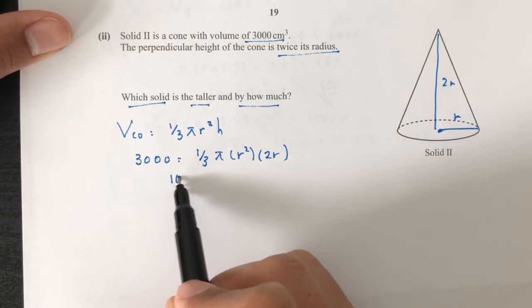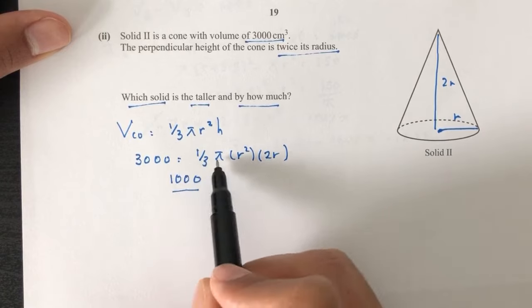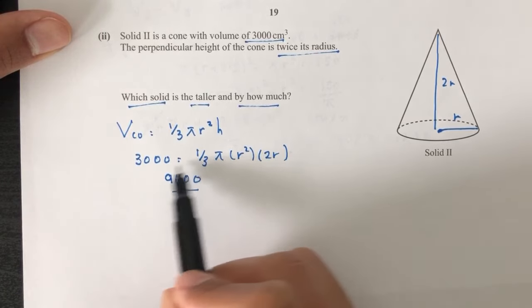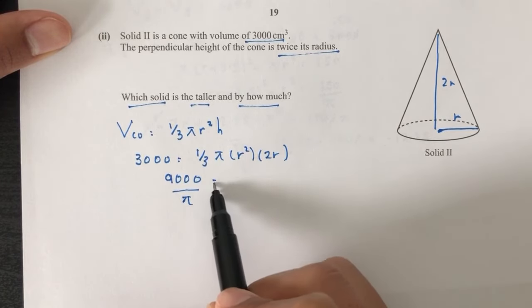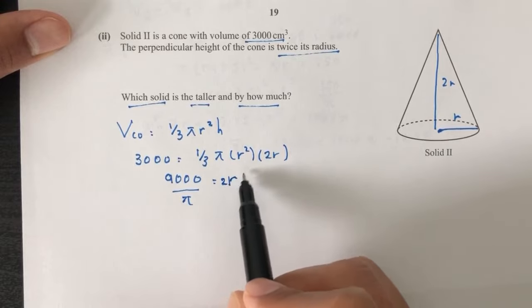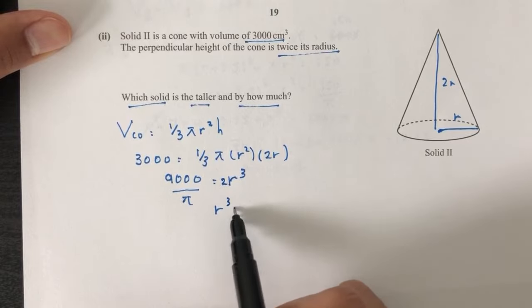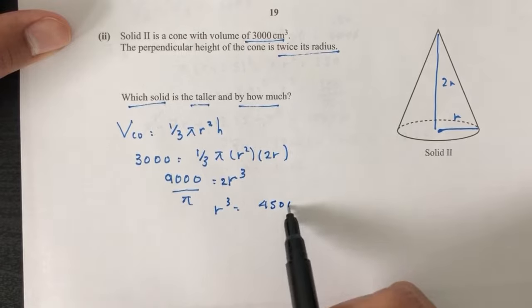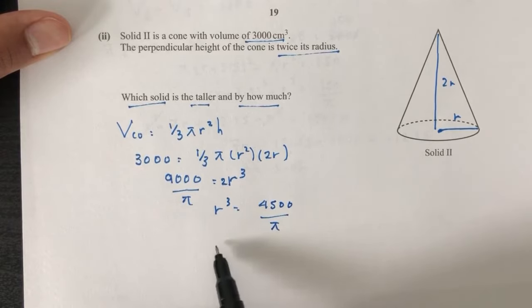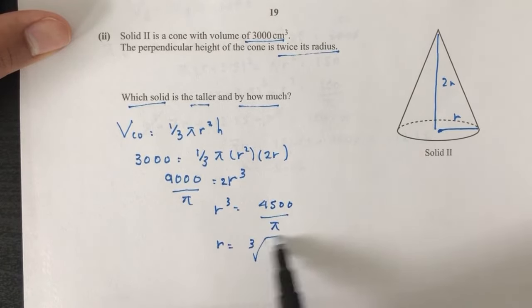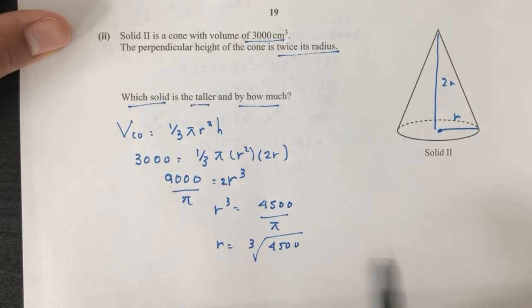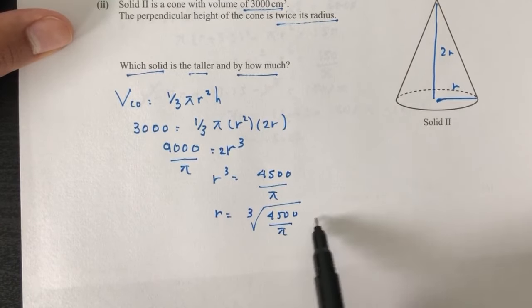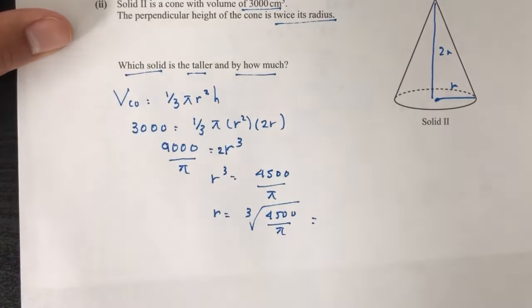So that will be 1000. Sorry, that's 9000 divided by pi equal to 2r cube. So r cube will be 4500 divided by pi. So r will be cube root of this number. So let's find out how much is that.